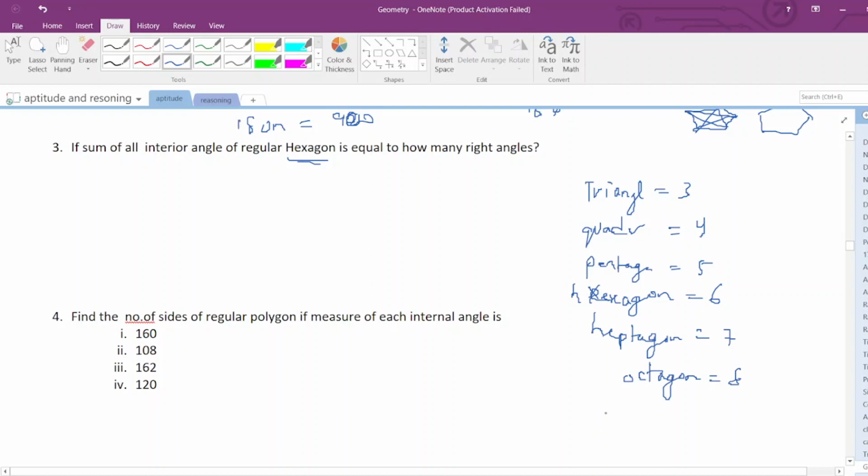Octagon is equal to 8. Nonagon is equal to 9. And decagon is equal to 10. So these are the numbers of sides.